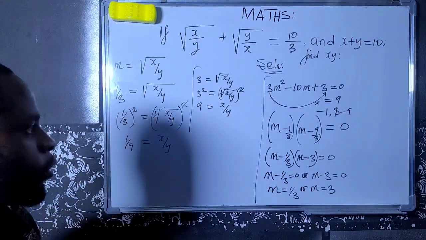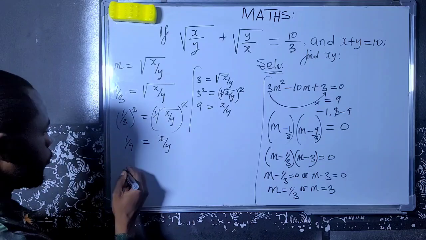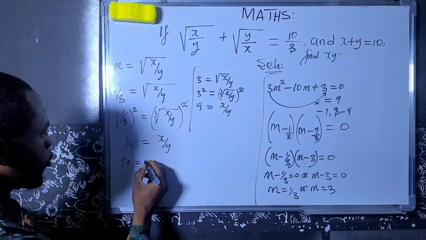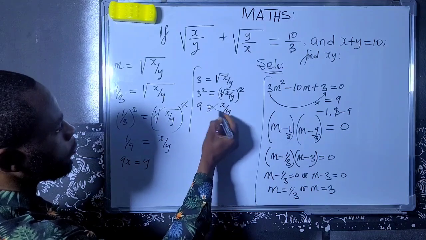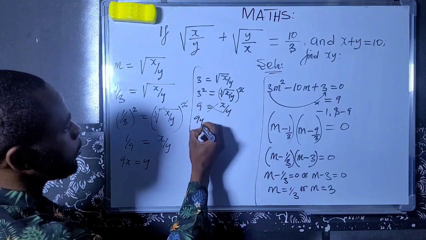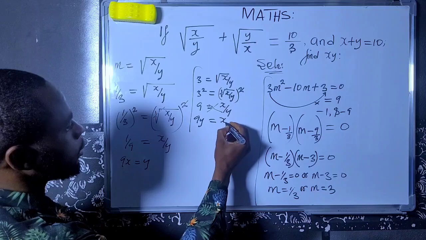Then by cross multiplication, you are going to have 9x equals y. The same thing here, if you cross multiply this, you are going to have 9y equals x.